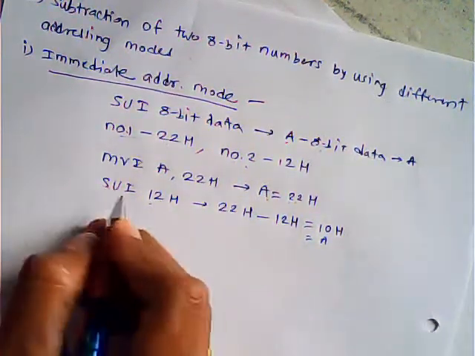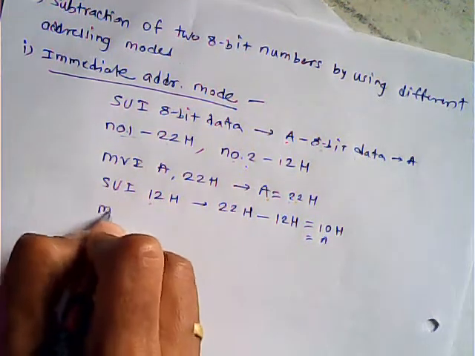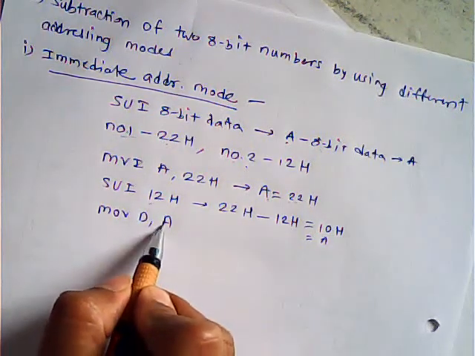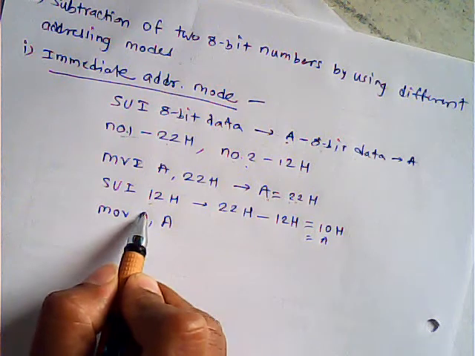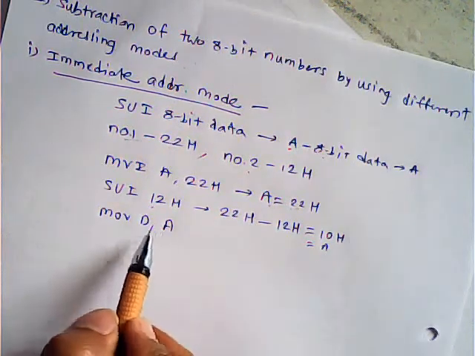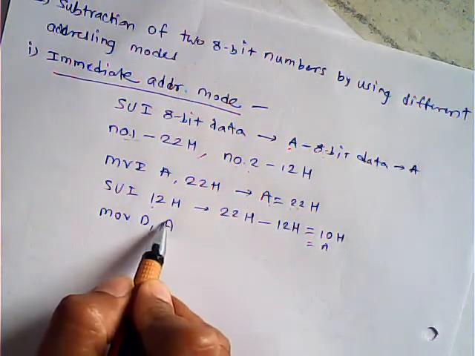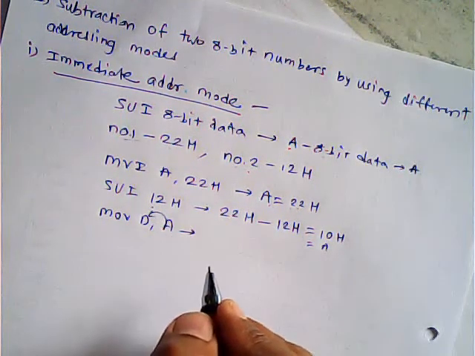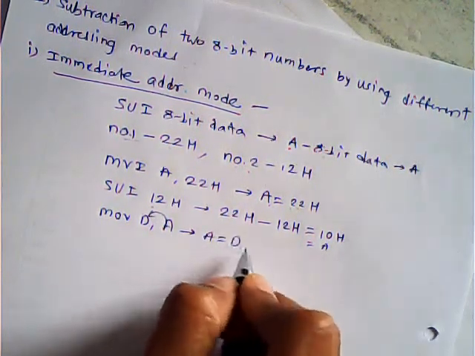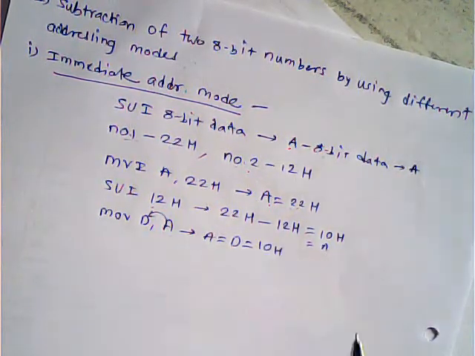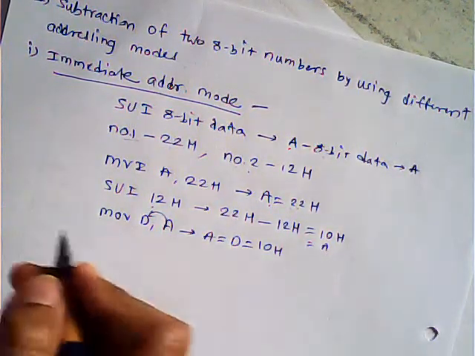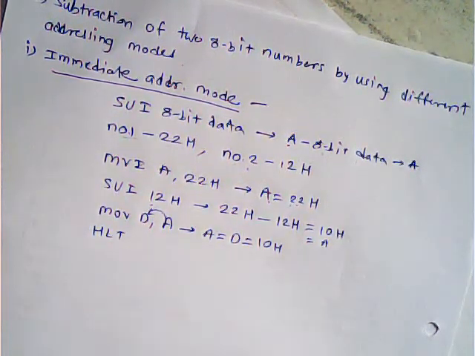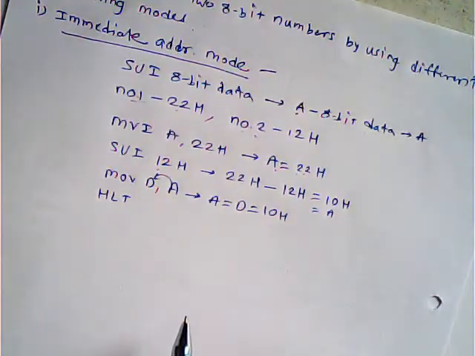You can copy by using the move instruction, so suppose MOV D, A. Here A is the source register and D is the destination register. After the execution of MOV D, A, the accumulator content gets copied in the D register. So in the accumulator and in the D register, you will find 10x. And finally, at last, we will use the halt instruction to stop the execution.